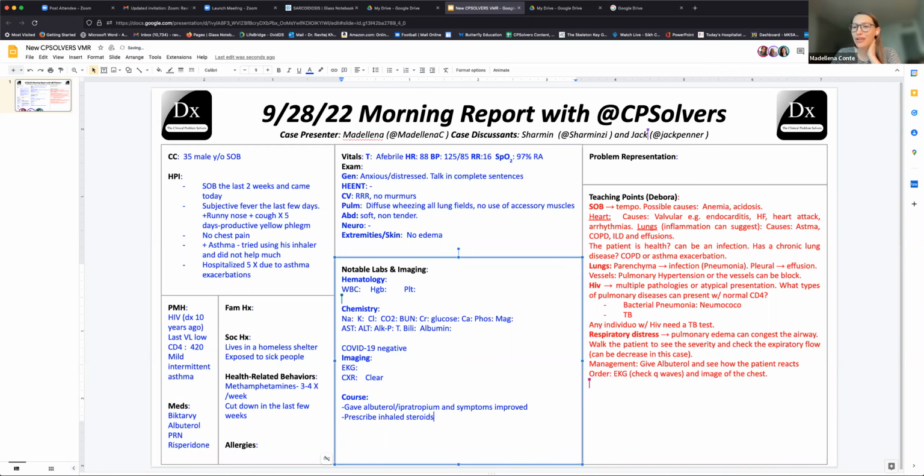We had the discussion that there are some indications for oral steroids, but he's on risperidone, and I think we ended up not going with that for a few reasons, one being that oral steroids could potentially make his schizophrenia challenges more difficult.